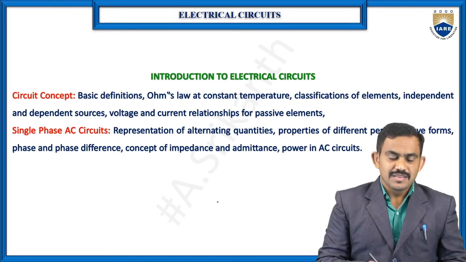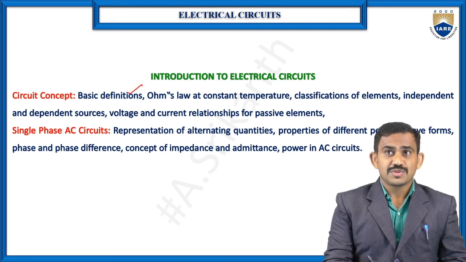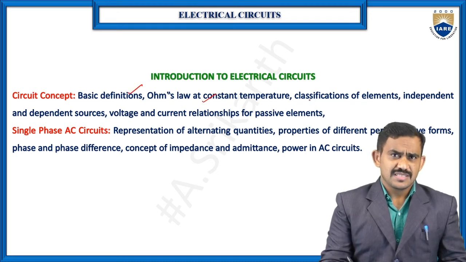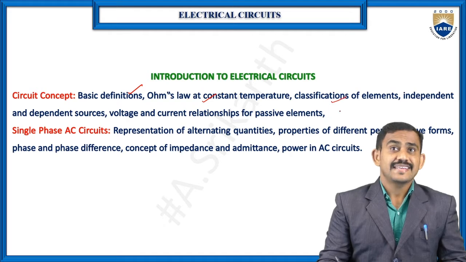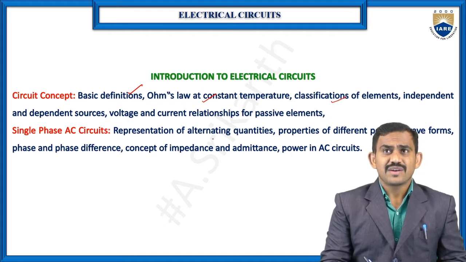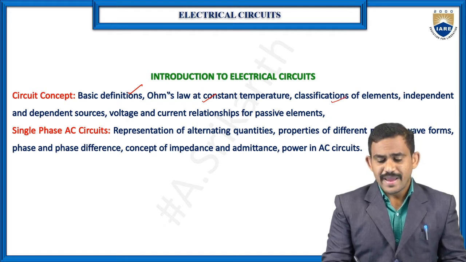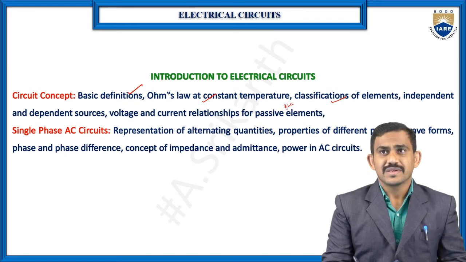Here I have some topics, some definitions like Ohm's law and some elements. We have different elements, independent and dependent sources, and voltage and current relationships for passive elements like RLC elements.